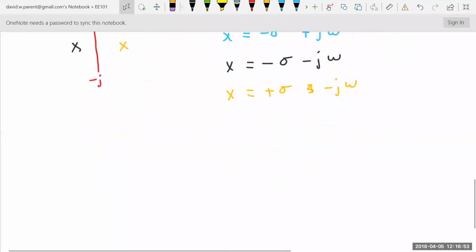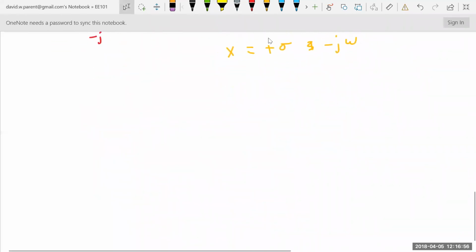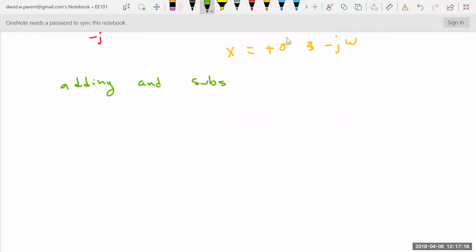And the reason why I'm kind of going over stuff that I know you already know, but we just need to make sure we're all on the same page, is that adding and subtracting complex, it's better to use Cartesian.